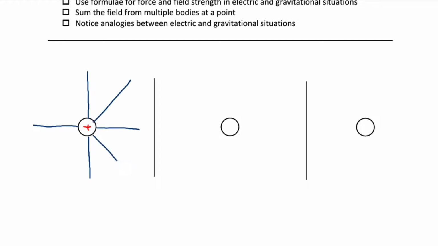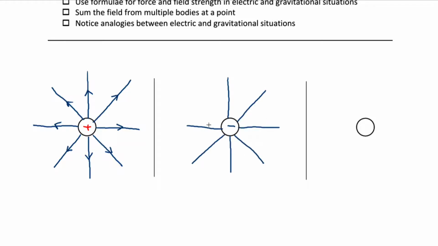They're going to look like this, with arrows pointing outwards. Again, the field lines indicate the direction of the force on a positive test charge. And if this were a negative charge in the middle, then the field lines would point in towards the center, because a positive charge would be attracted towards that central negative charge. So I just turn the arrows around.